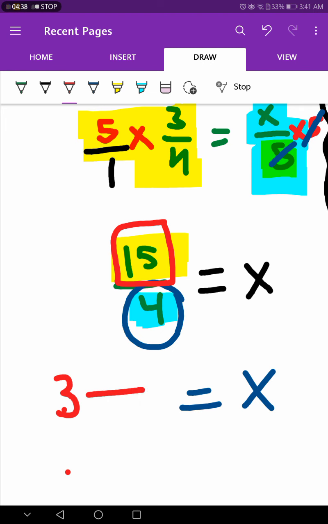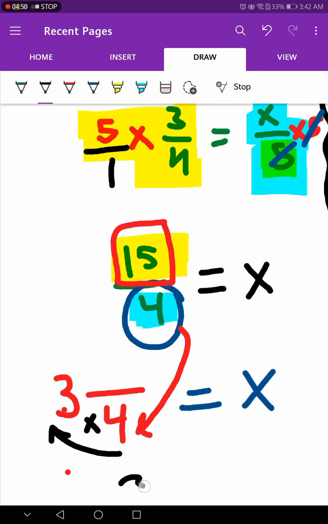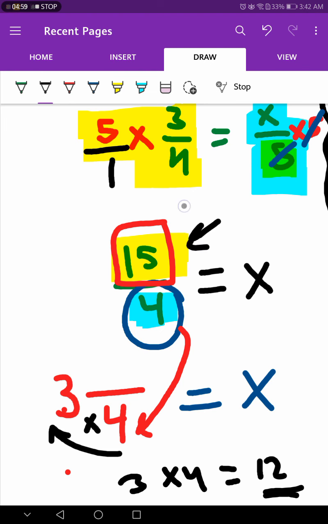And you put the 4 here, then you multiply 4 by 3, 3 multiply 4 or 4 multiply 3 equals 12. How many steps from the 12 to the number here, 15? Yes, it is 3.